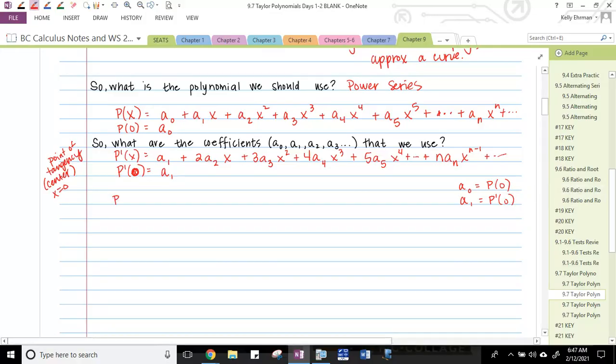Let's take a second derivative. So take a derivative of the first derivative equation. This constant a1 drops out.